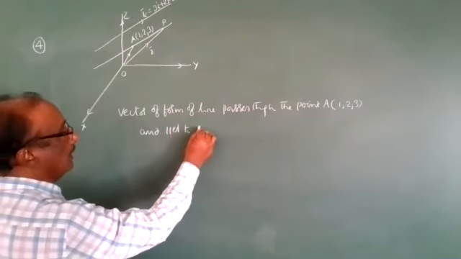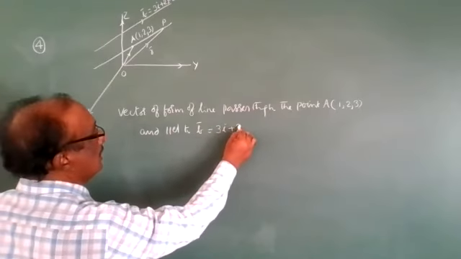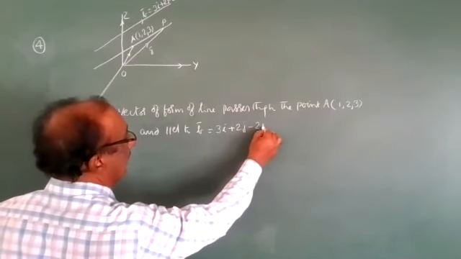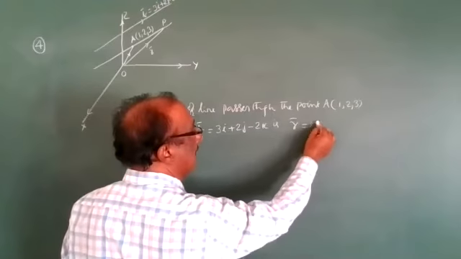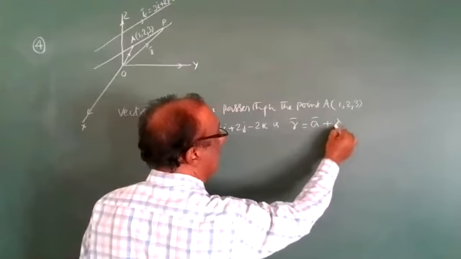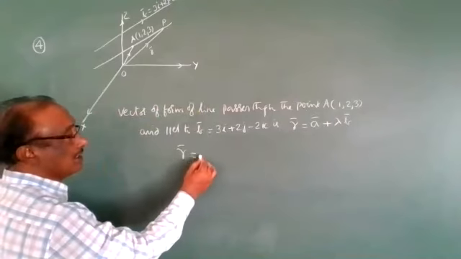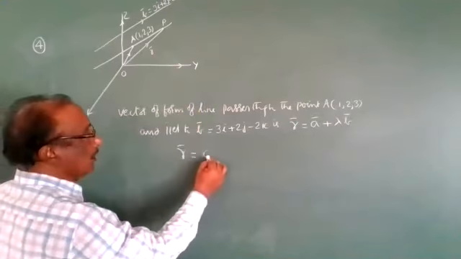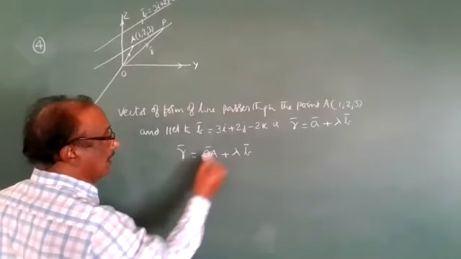to vector B bar, that is 3i plus 2j minus 2k. The vector form is R bar is equal to A bar plus lambda into B bar. Write down R bar is equal to A bar, which is OA bar, plus lambda into B bar.